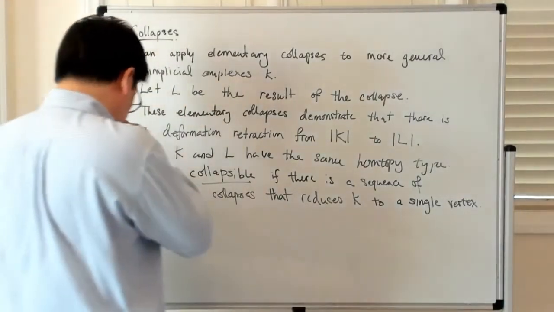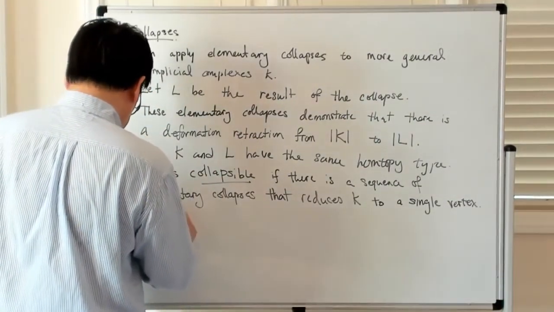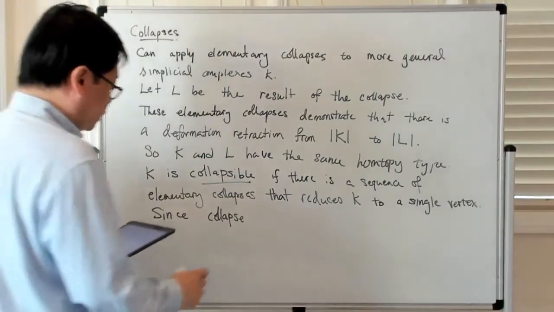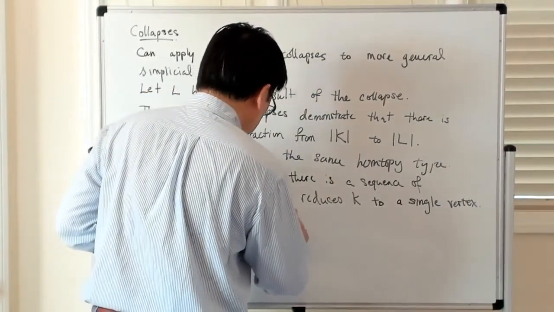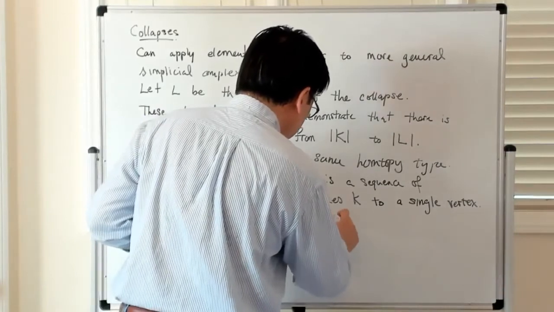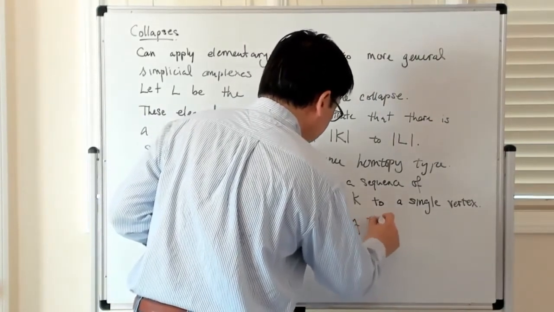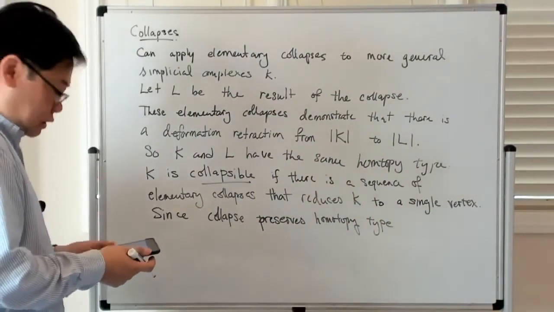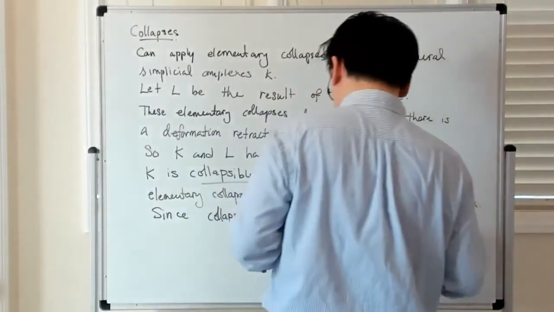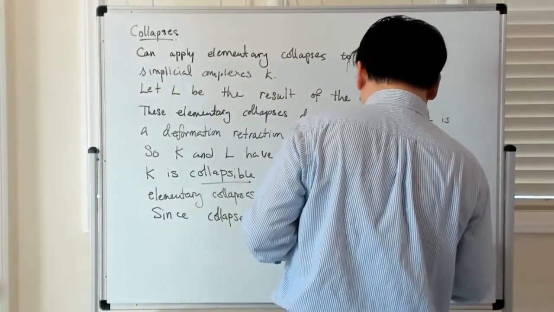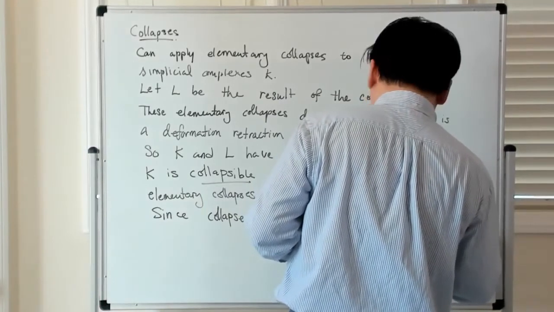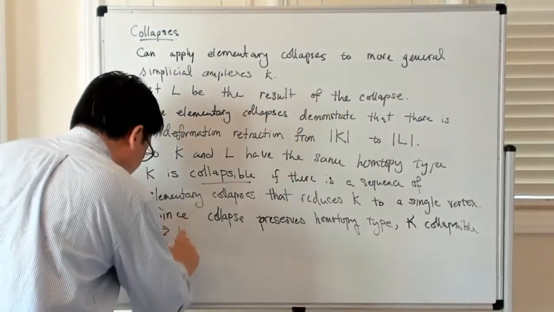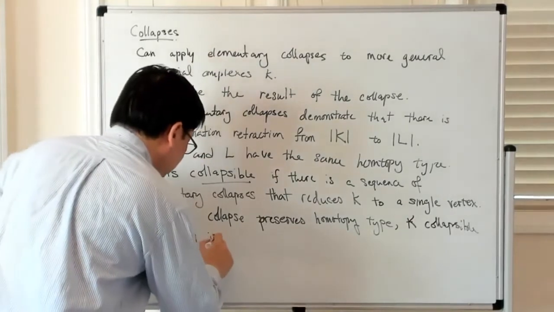Okay. So since collapse preserves the homotopy type, we know that this idea of collapsible implies that the space is contractible. So K collapsible implies that the underlying space of K is contractible.